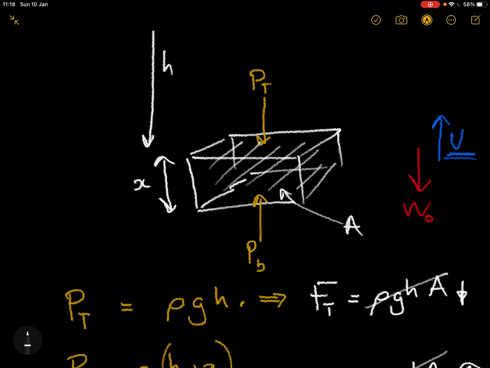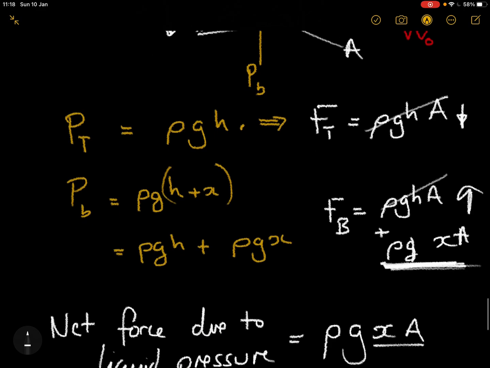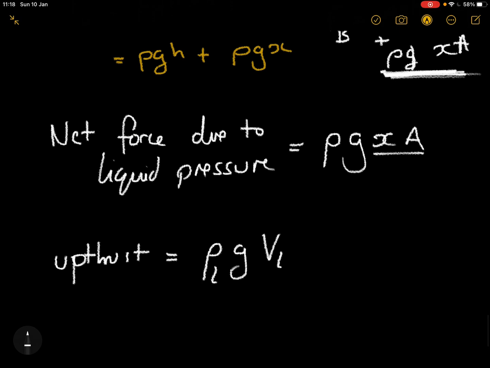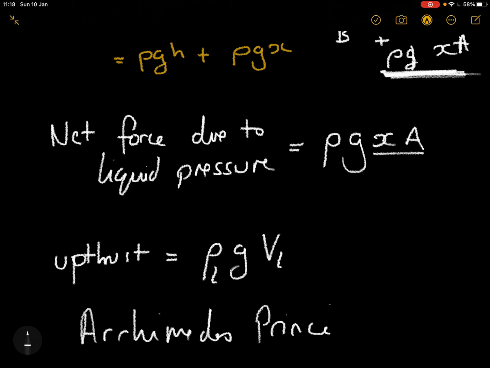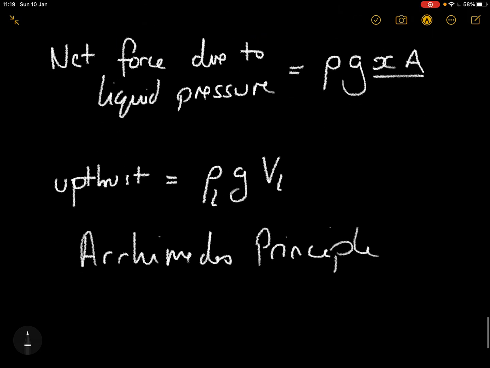So this volume here could be the volume of the box, and the volume of the liquid that the box has displaced are exactly the same thing. And this is Archimedes' principle. This is what it states.